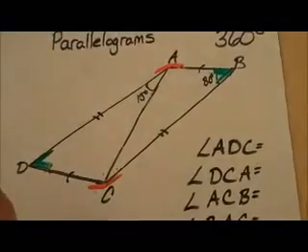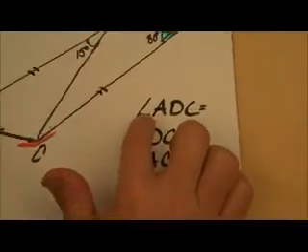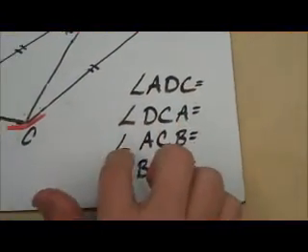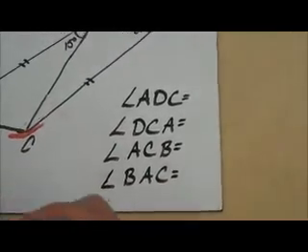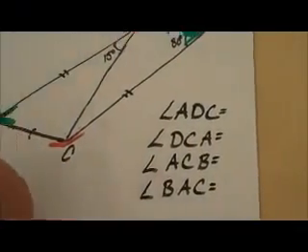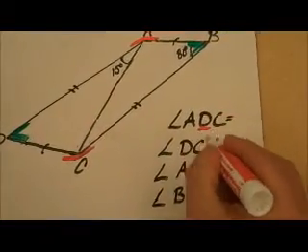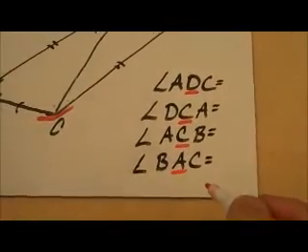Now as you can see, I'm wanting to know a lot of different angle measures. I'm going to want to measure angle ADC, angle DCA, angle ACB, and angle BAC. Now before you freak out, if you remember back, when we see something like this, we need to focus just on the vertex, meaning our middle letter of this angle.